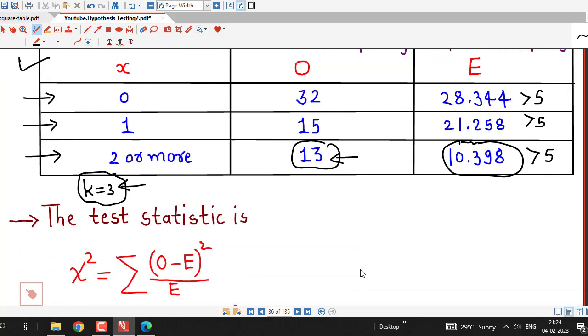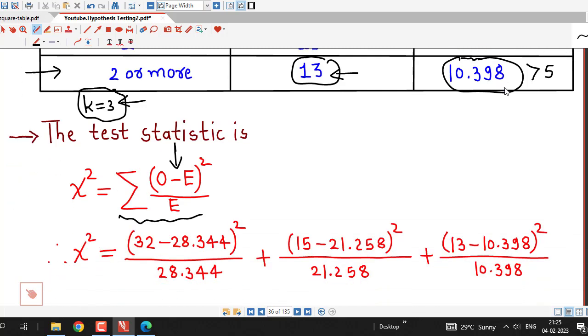Now the test statistic is the sum of the square of observed minus expected divided by expected. So we have to find this quantity for each of these cells. For the first category I will take 32 minus 28.344, whole square, divided by the expected frequency, that is 28.344, which I have written here. This is for the first category.